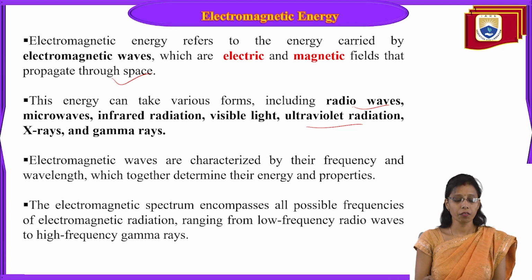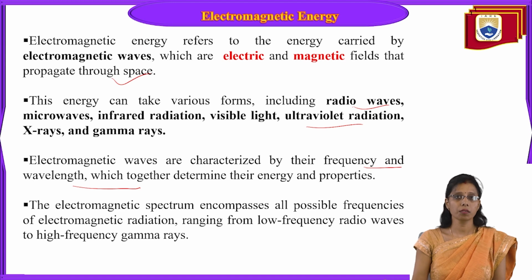Electromagnetic waves are characterized by their frequency and wavelength, which together determine their energy and properties. The electromagnetic spectrum encompasses all possible frequencies of electromagnetic radiation, ranging from low frequency radio waves to high frequency gamma rays.